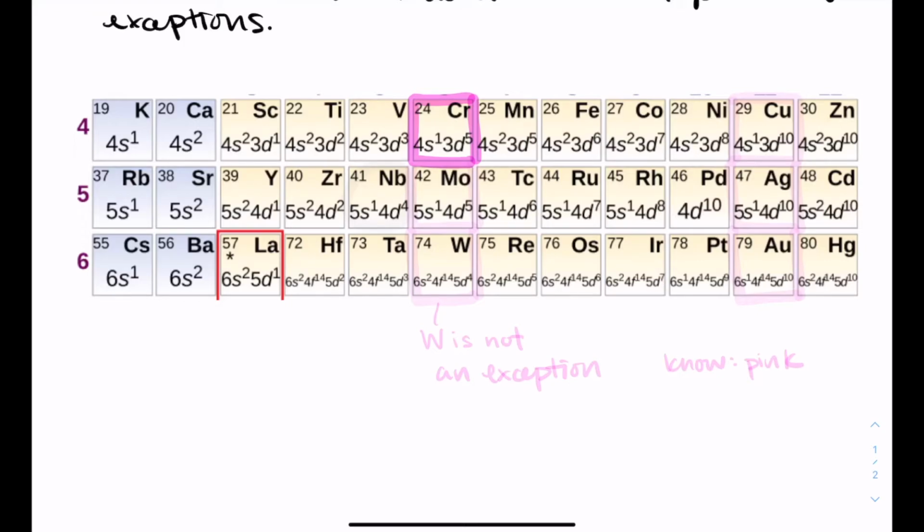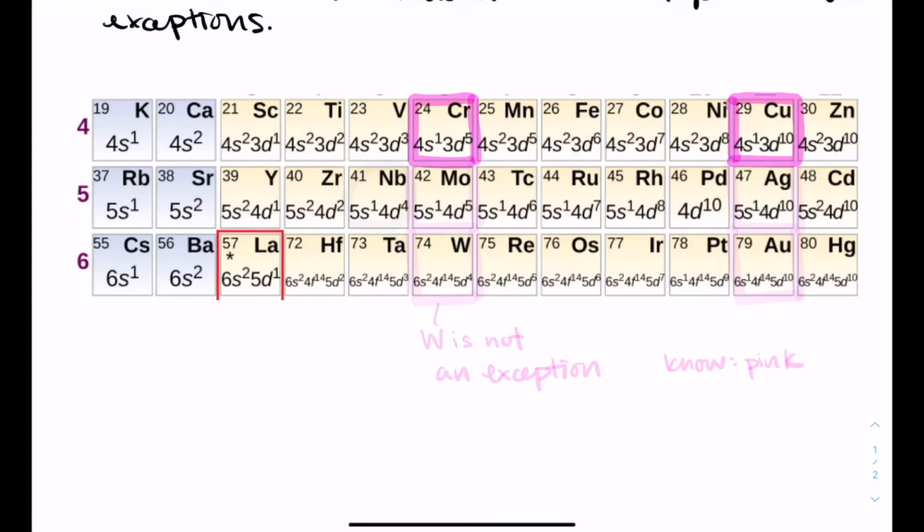So we're getting more stability out of having a completely filled D subshell as opposed to having the S completely filled with just the 2 electrons and having an almost completely filled D subshell. And then zinc goes back to the expectation of 4s2, 3d10.